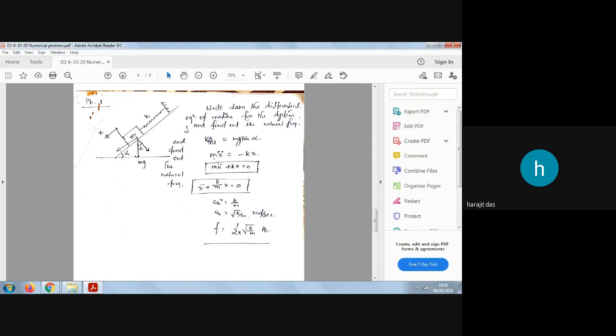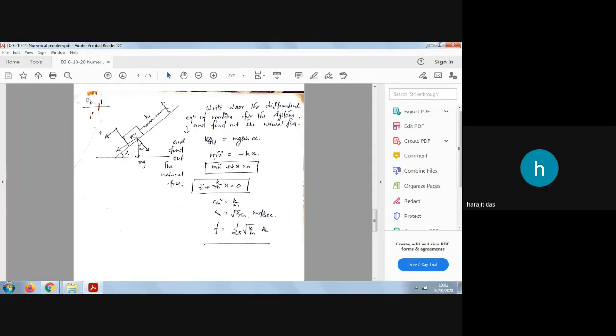In the direction of the plane, this force mg sin alpha will be equal to the static deflection force of the spring, means mg sin alpha will be equal to k delta st. So that static spring force k delta st will be balanced by this mg sin alpha.